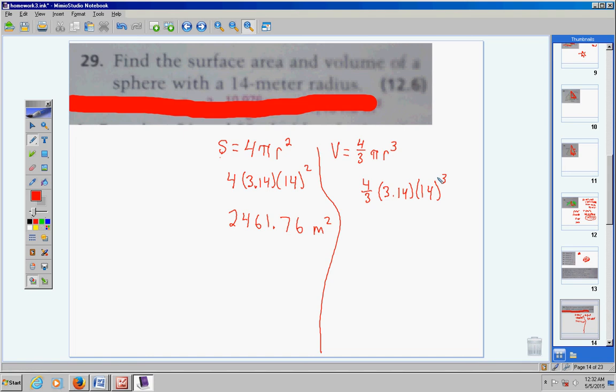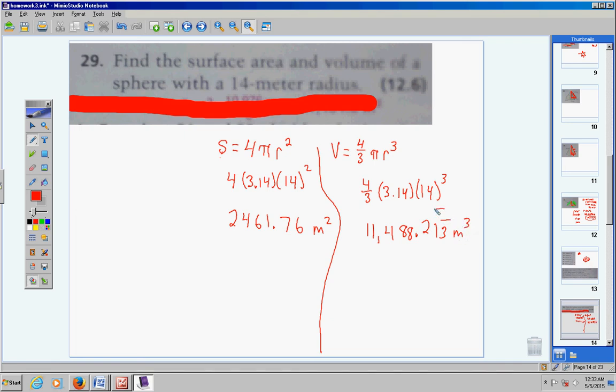Now I wonder if this could be correct. I think I hit something wrong here. Yeah, it doesn't sound right, so let me try this again. 4/3 times 3.14 times 14 to the third power. This time I'm getting, yeah, that's the right answer, 11,488.213, repeating, meters cubed, because we're dealing with volume, okay?